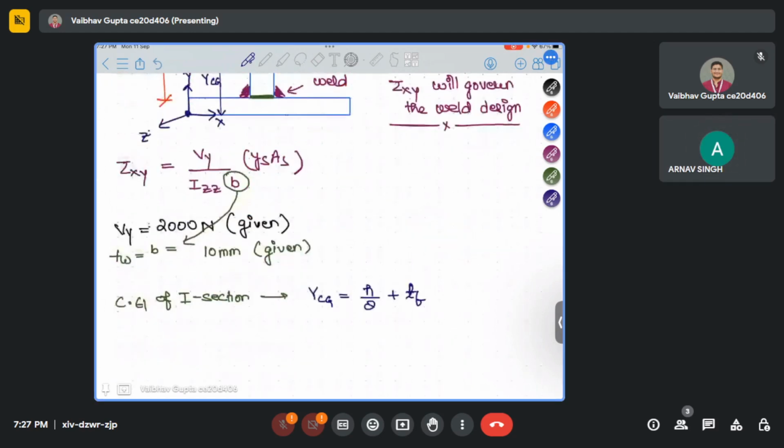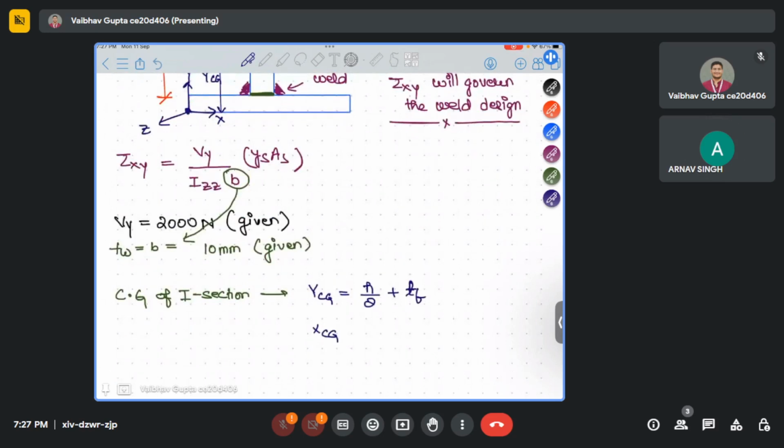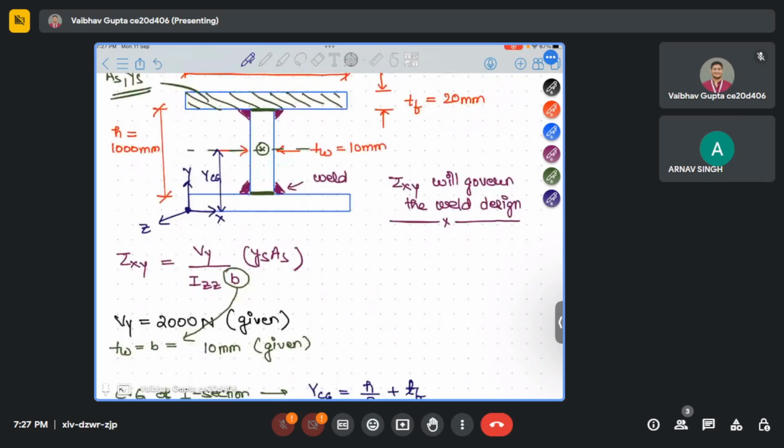H by 2 plus TF is YCG, and XCG will be BF by 2. Understood?